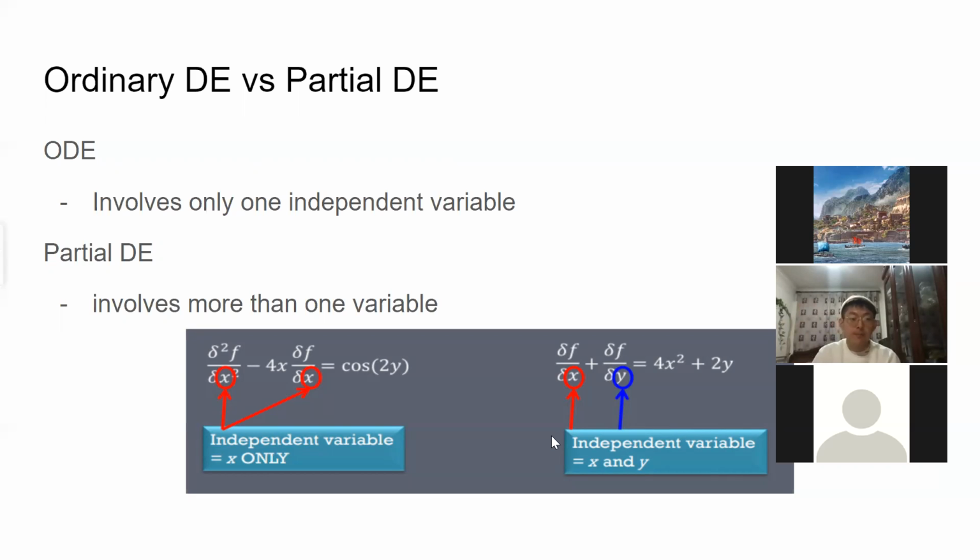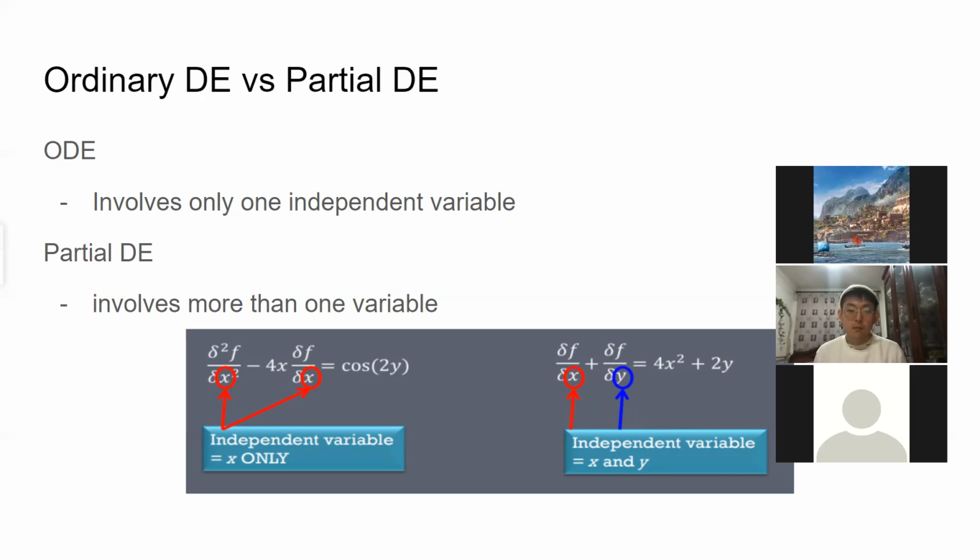So I will be explaining about ODE vs PDE. ODE is when it involves only one independent variable. For PDE, it is the opposite of ODE, which is that it involves more than one variable. So here we have some examples. We have d squared f over dx squared minus 4x df over dx equal to cos 2y.